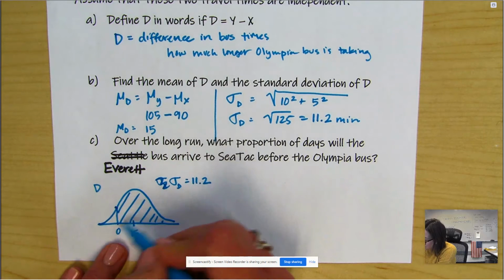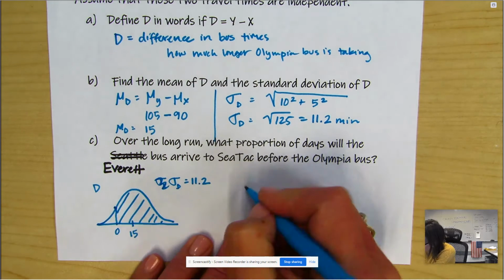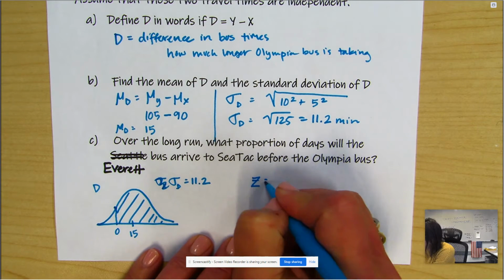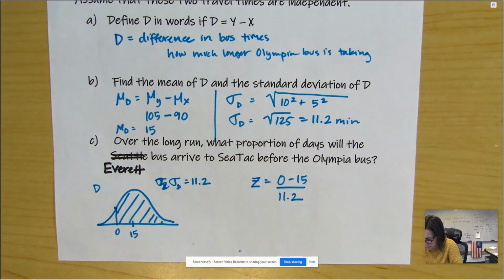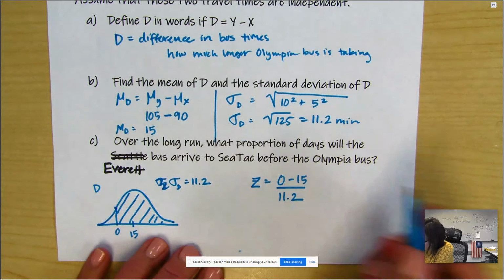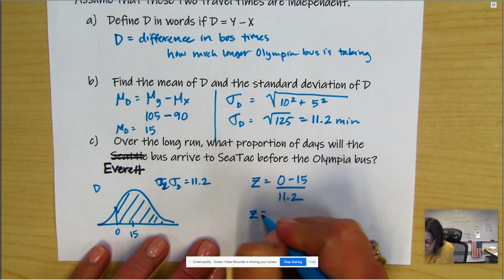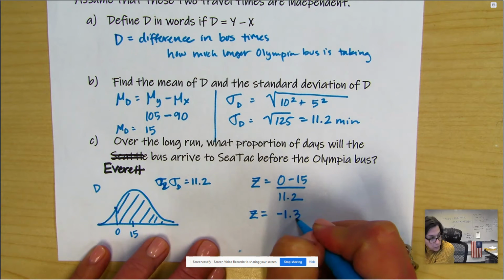Okay, so we'll find the z-score of 0 minus 15, divided by 11.2. 0 minus 15, okay, that's negative 15, divided by 11.2. So that's a z-score of negative 1.34.